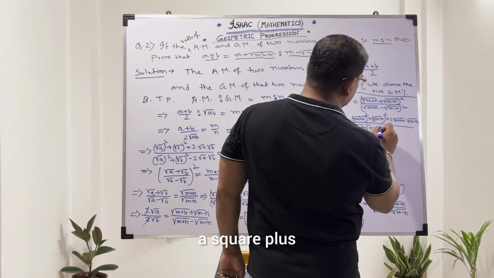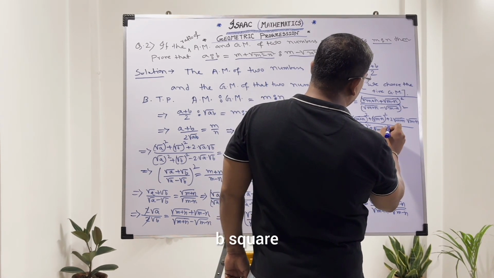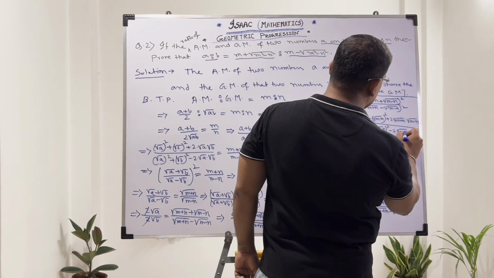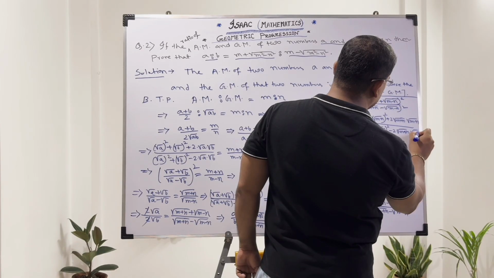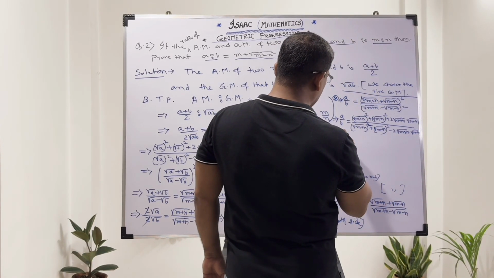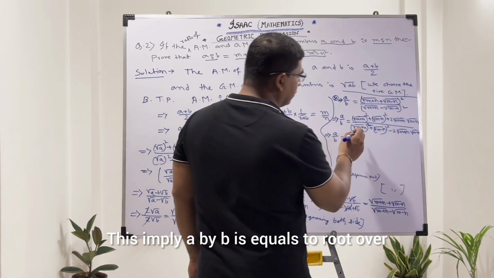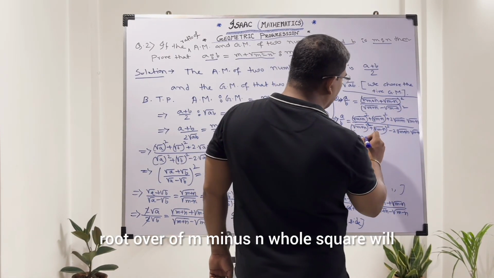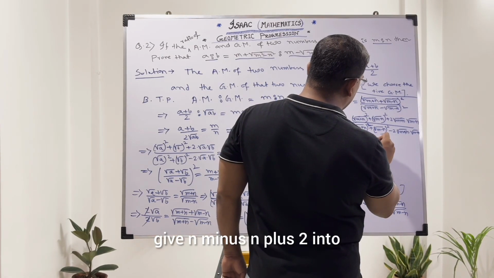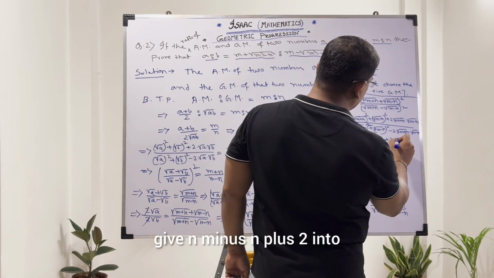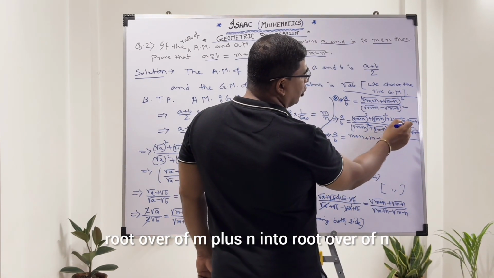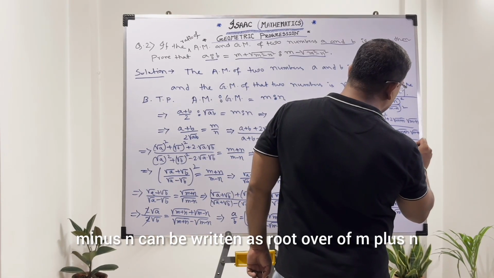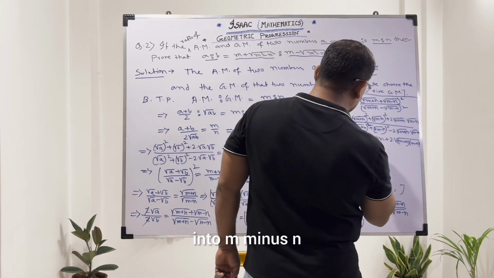A square plus b square minus 2 into a into b. This implies a by b is equal to: root of (m plus n) whole square will give m plus n, root of (m minus n) whole square will give m minus n, plus 2 into root of (m plus n) into root of (m minus n), which can be written as root of (m plus n) into (m minus n).